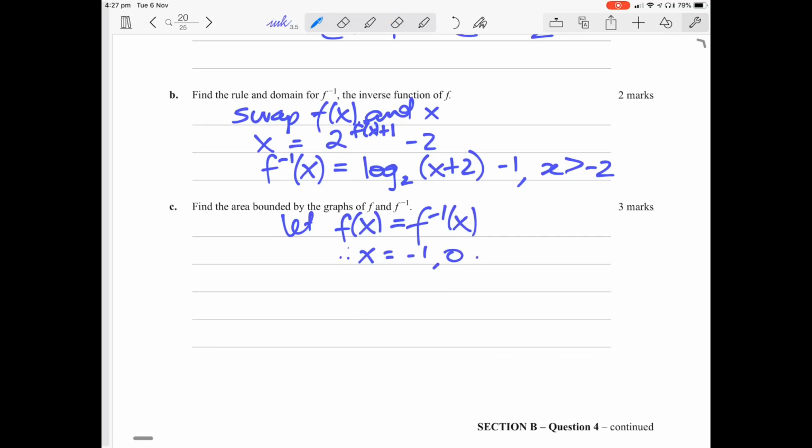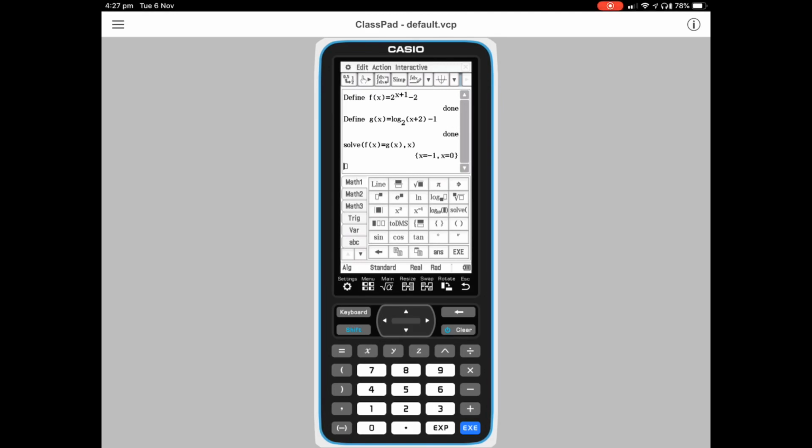The area is from negative 1 to 0 of the higher graph, which is f inverse of x, minus the lower graph, f of x, dx. Now it doesn't say give a decimal answer, so the integral from negative 1 to 0 of f inverse of x, in this case g of x, minus f of x, our original graph, dx.